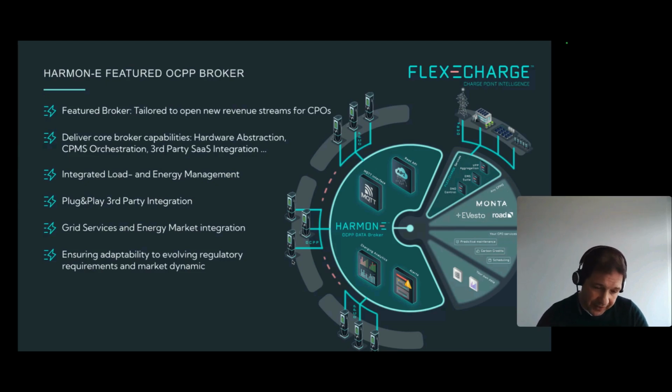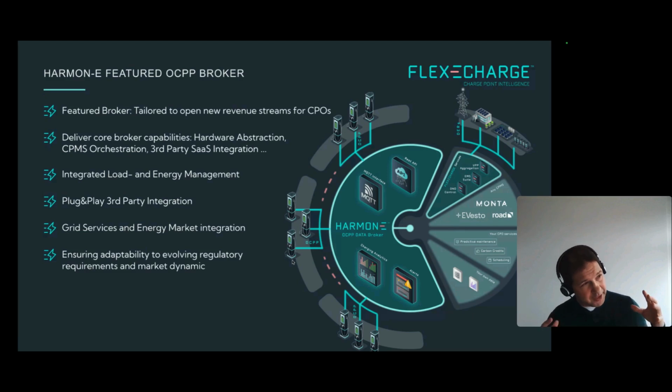And for Flexecharge and for our customers, the major advantage is that we can provide an open load energy management solution through our OCPP data broker.